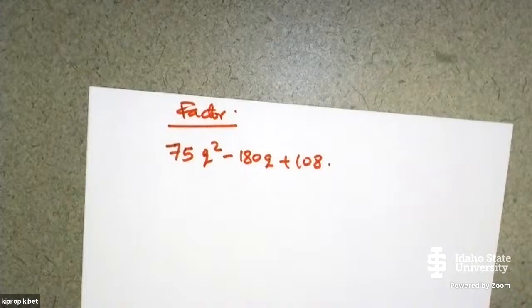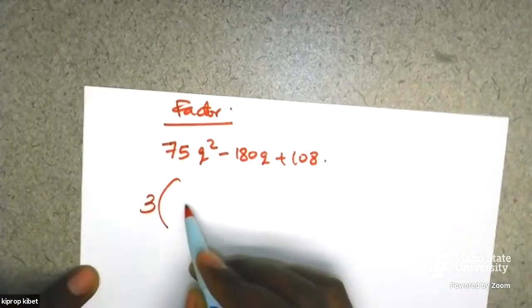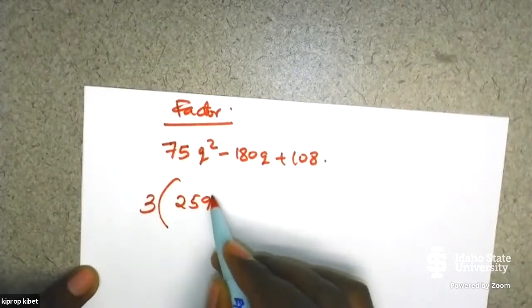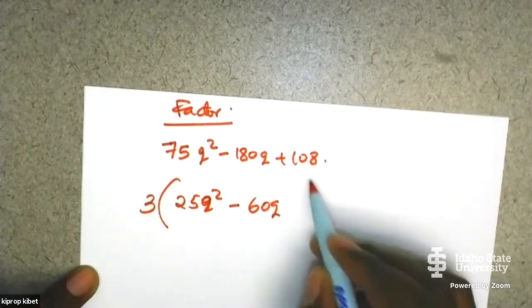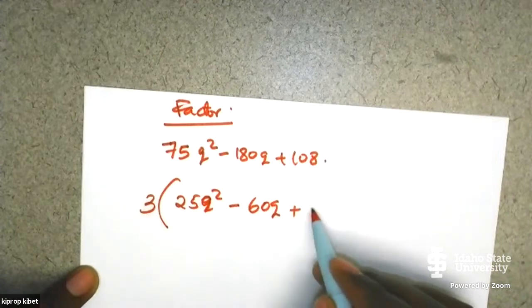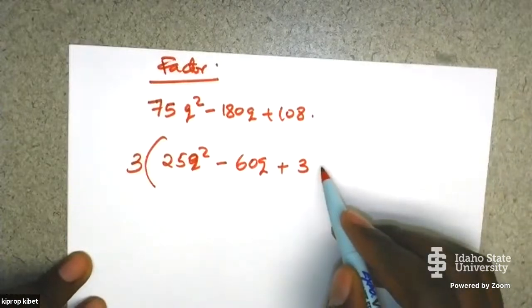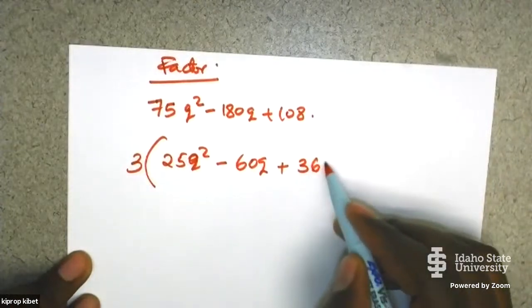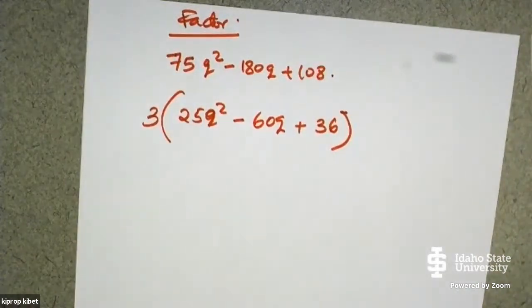So when we factor out 3, we get 25q squared minus 60q, and the last one is plus 36. So you start factoring.